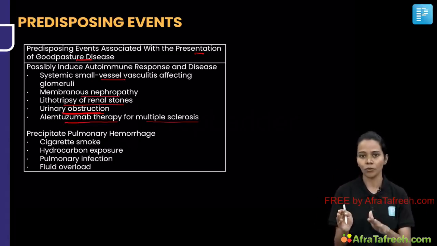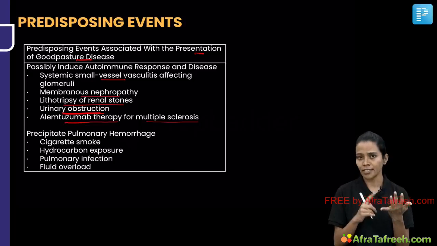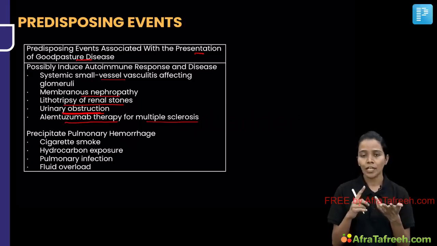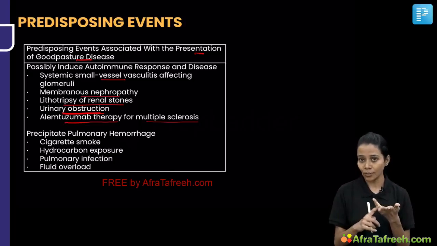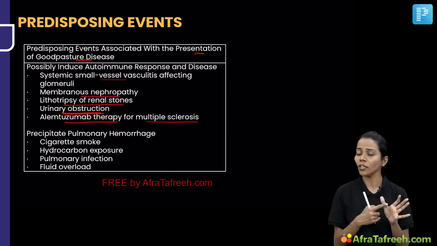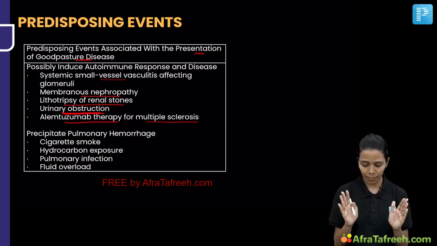So these are all the immune causes: vasculitis, membranous nephropathy, then renal trauma or inflammation like in lithotripsy, urinary tract obstruction, or antibody, that is alemtuzumab therapy.